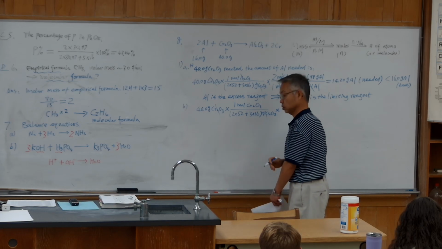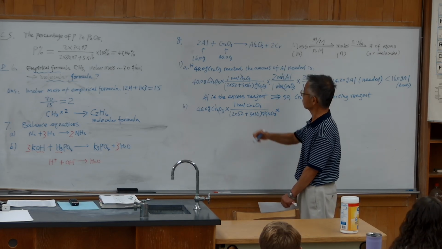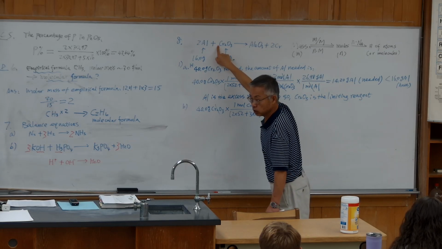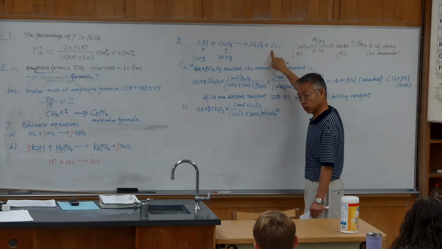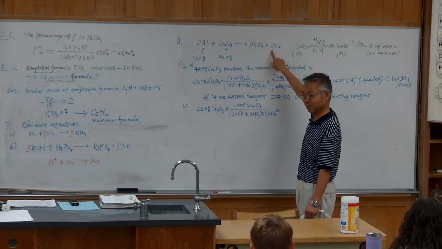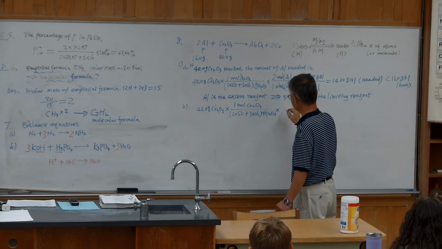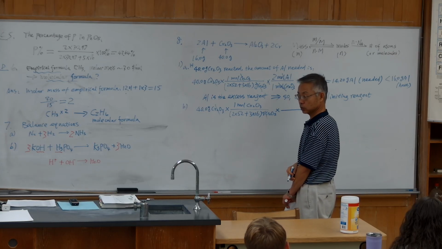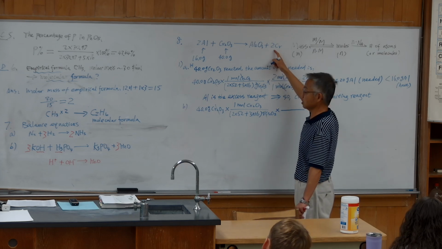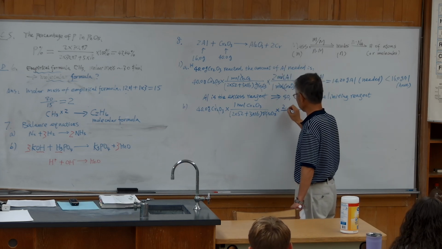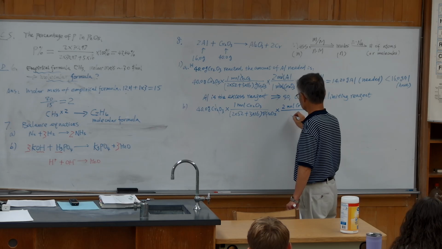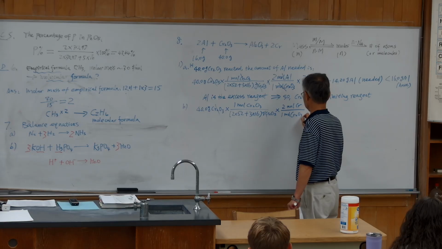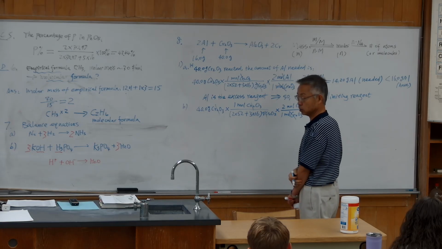Then use the balanced equation. Every 1 mole of Cr2O3 produces 2 moles of Cr. We want the theoretical yield of Cr, so this 2 must be on top, and 1 mole of Cr2O3 on the bottom, so we can cancel Cr2O3.